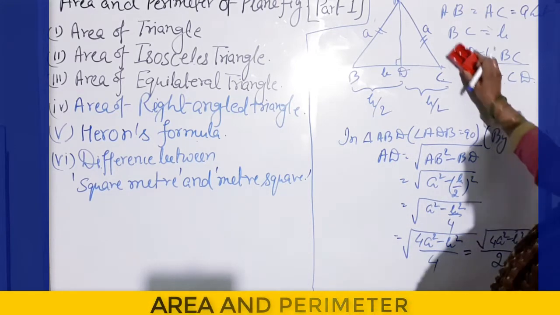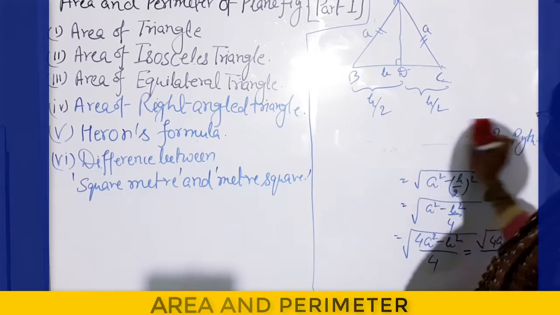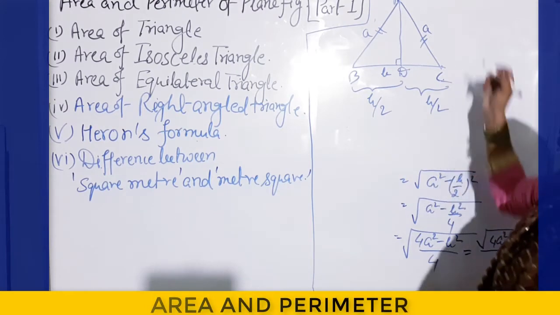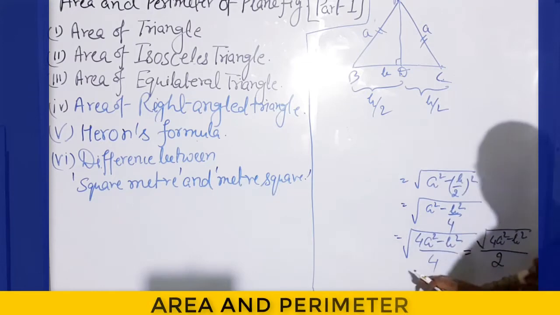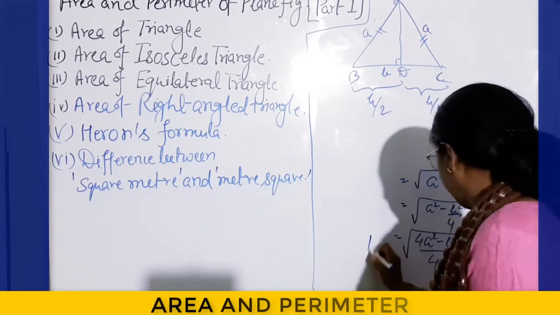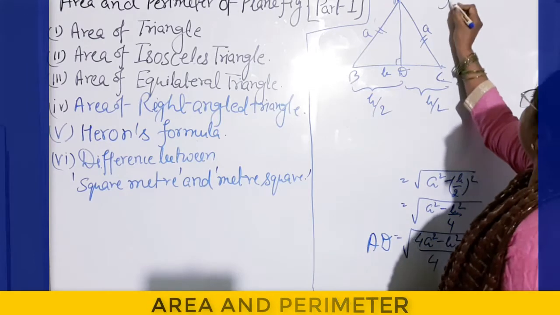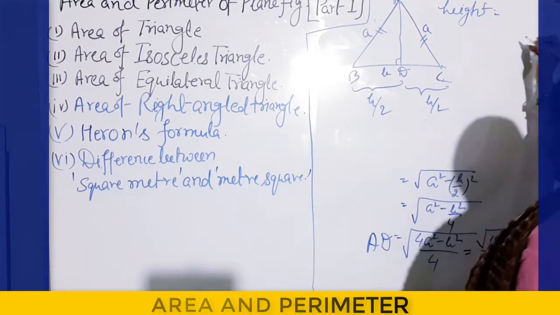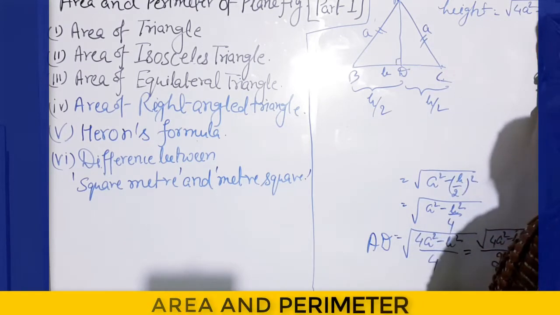Next, by the general formula, if AD is known, that means height is known, height is equal to root under 4A square minus B square by 2.